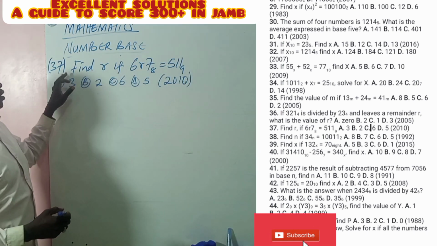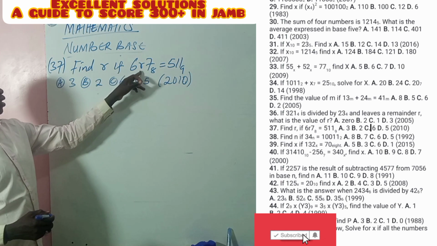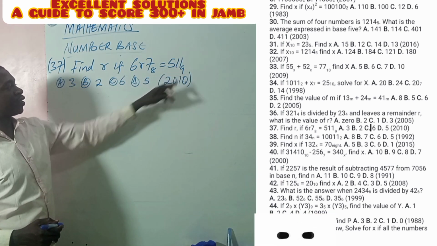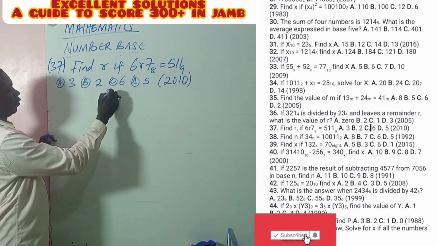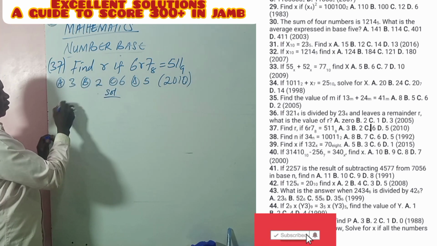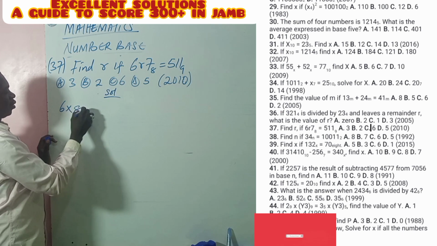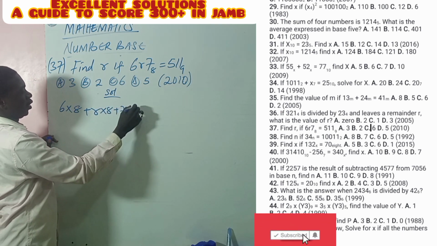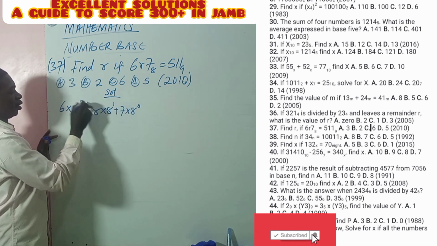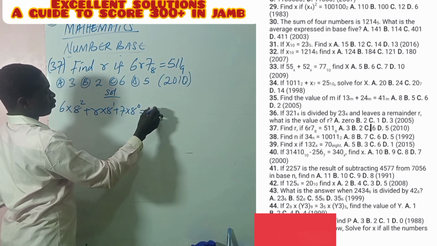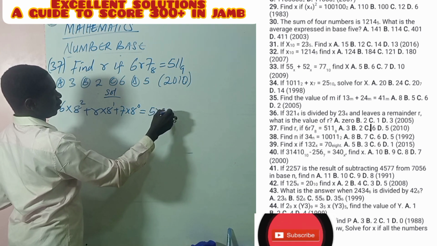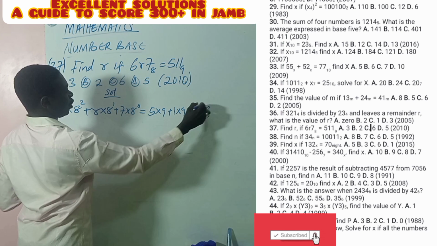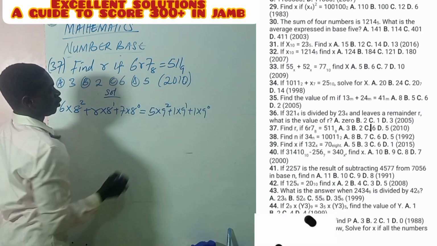Question 37 says, find r if 6r7 base 8 is equal to 511 base 9. So here we have 6 times 8 plus r times 8 plus 7 times 8 power 0, power 1, power 2, equals 5 times 9 plus 1 times 9 plus 1 times 9 power 0, power 1, power 2.